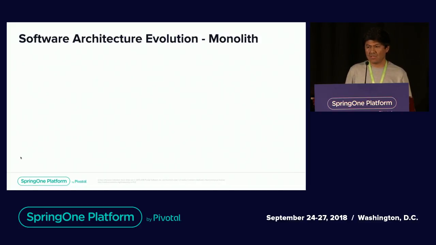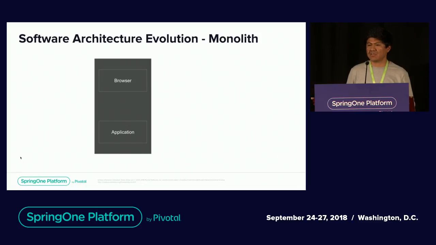So the monolith, which we are very familiar with, I think, is basically a box where you can find your code, the service, the front end, everything in one box.